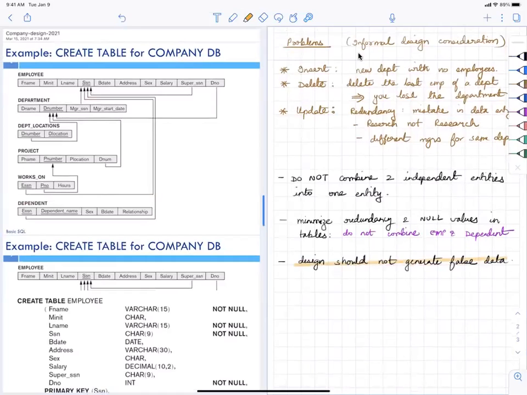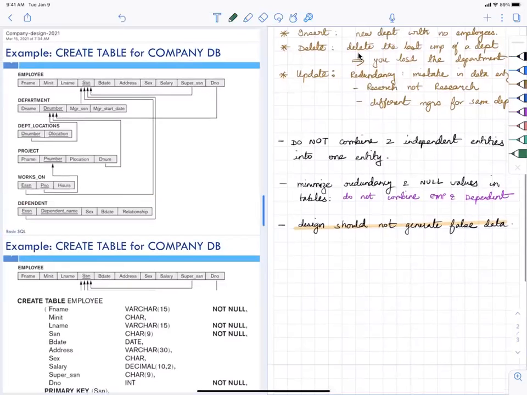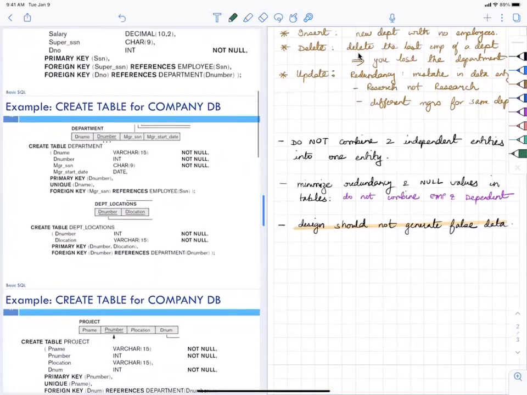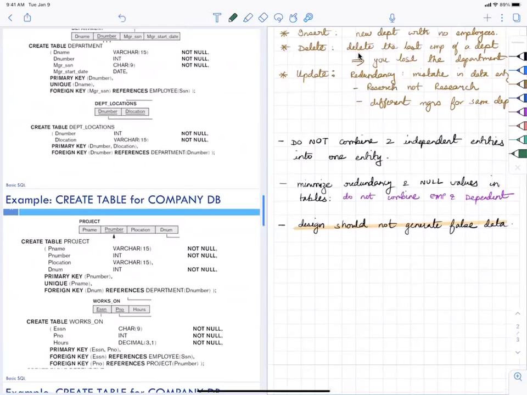So I want to give you an example of how you could generate false data. Let's take a table called employee project. Remember that right now we have a project table and an employee table. Instead of this, I'm going to create a table called employee project.